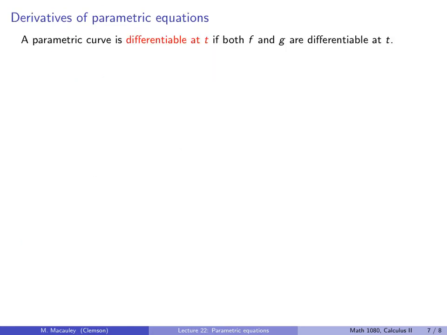Okay, now that we've defined parametric equations and seen some examples, let's talk about derivatives. Think of the ant walking along a path; the derivative should be its speed in some sense. So what does it mean for a parametric equation to be differentiable? It's differentiable at a time t if both f and g, the individual functions, are differentiable.